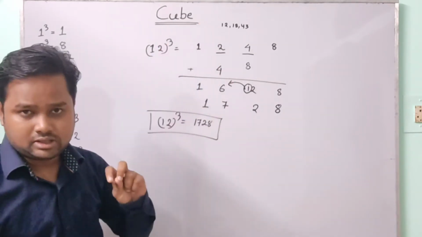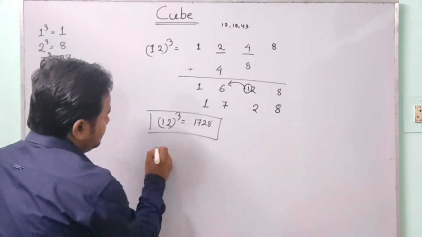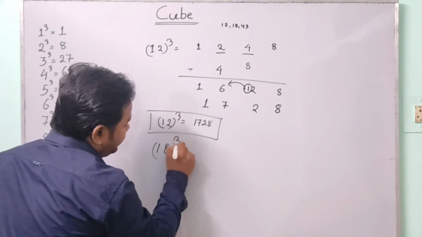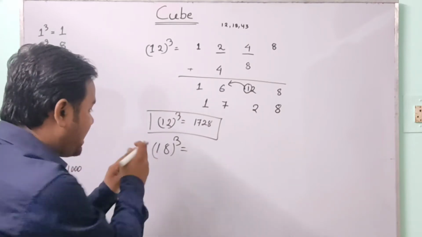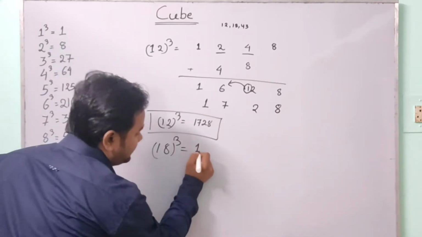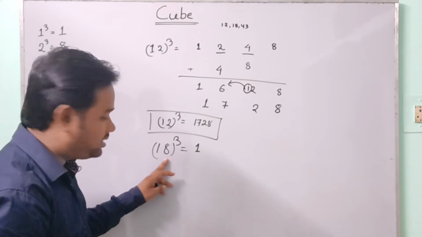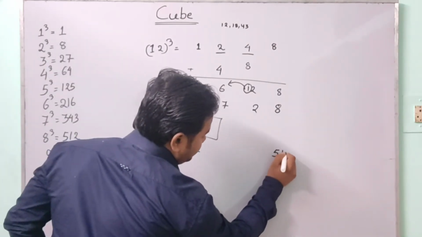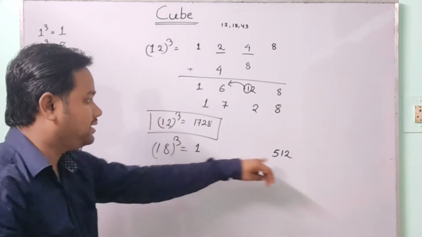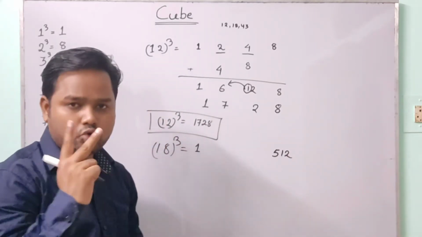The example is 18. So now the cube of 18. Similarly, I will write the cube of the first number. The cube of the first number is 1. The cube of the second number, 8 cube, is 512. In between these, I will write two places.